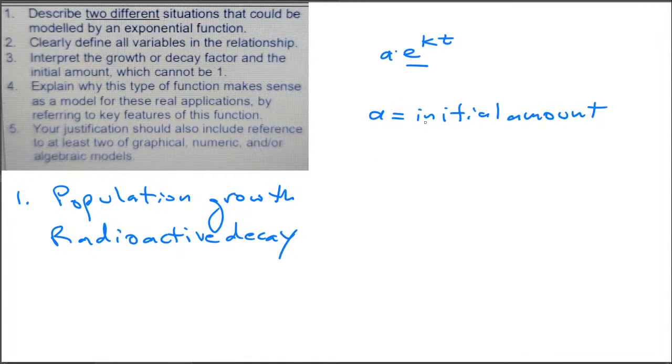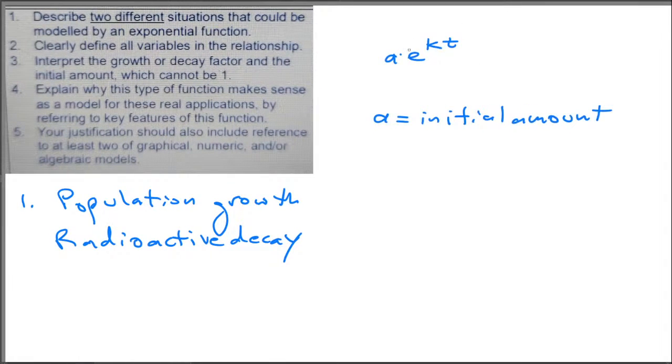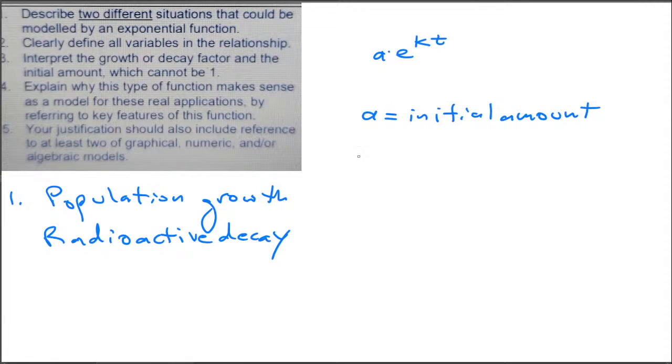It's a constant, kind of like pi is a constant. It's a little less than 3; pi is a little bigger than 3. So this is just a number. Don't get caught up in the fact that that's a letter. k is the growth rate, or growth or decay. And t is time.